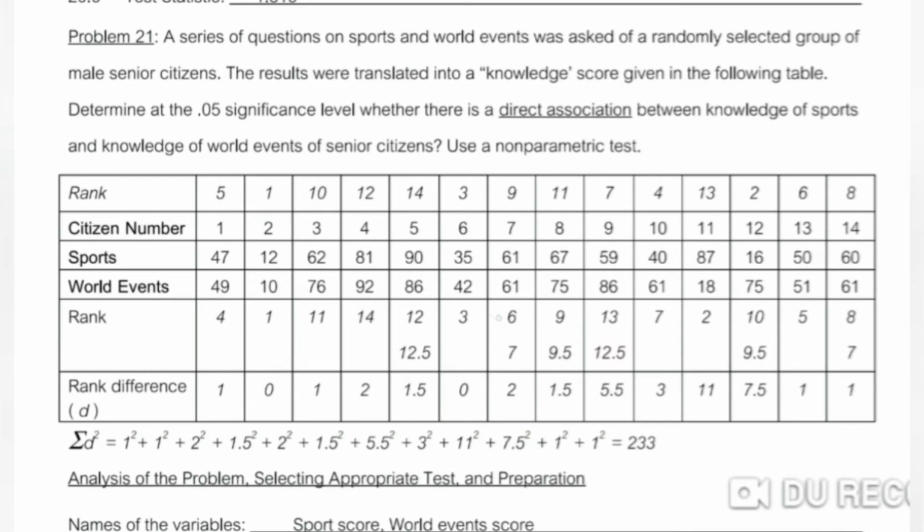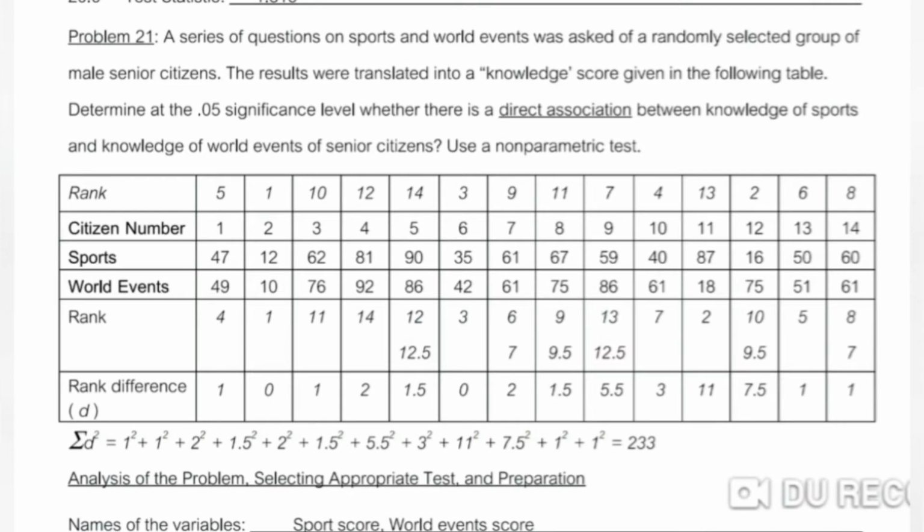After that, 61, you see 3 times, they occupy ranks 6, 7, and 8. So 7, 7, 7 each, 7 is their mean. And so on. After that, you see 86 2 times. They occupy ranks 12 and 13. You must give 12.5 each, the mean rank.